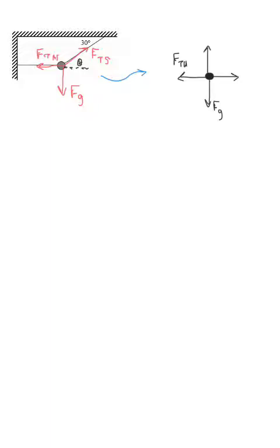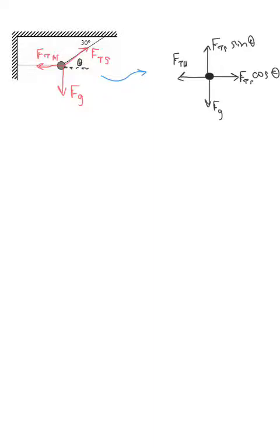So because this angle right here is 30 degrees, or theta, I can say that the horizontal component is going to be Fts cosine of theta, which I'll put right here, Fts cosine of theta, and the vertical component is Fts sine theta.